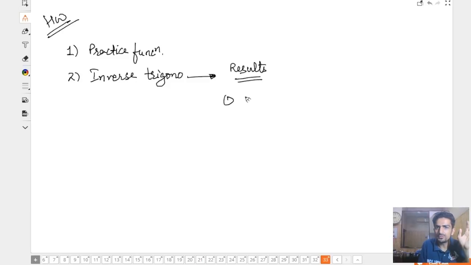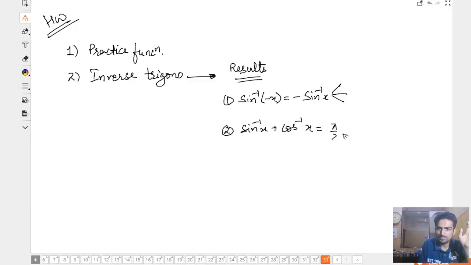They will be of this form. First will be of the form that sine inverse of minus x is minus sine inverse x. There will be 3, 4 of this type. Second will be of the form sine inverse x plus cos inverse x is pi by 2. There will be 2, 3 of this form.